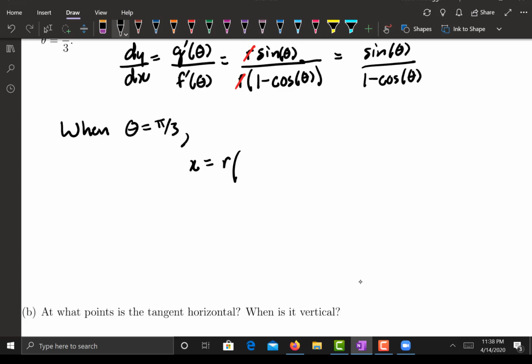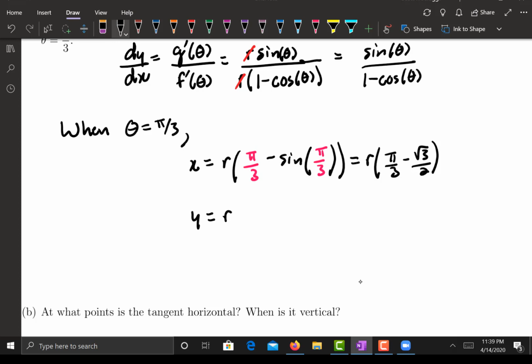If I plug that in for x, I'll get r times (pi over 3 minus sine of pi over 3), which equals r times (pi over 3 minus root 3 over 2). I'm not going to try to simplify that because that'll just be ugly.